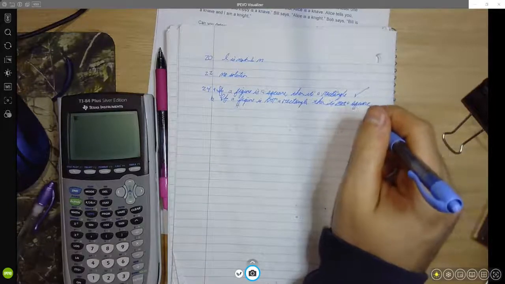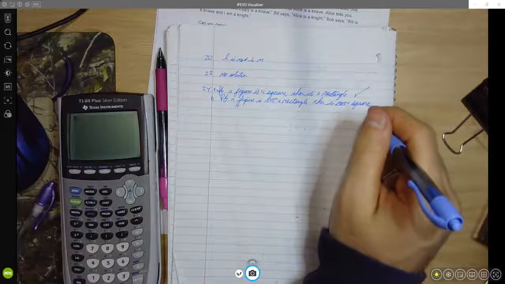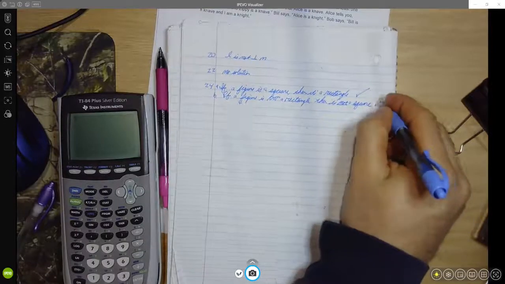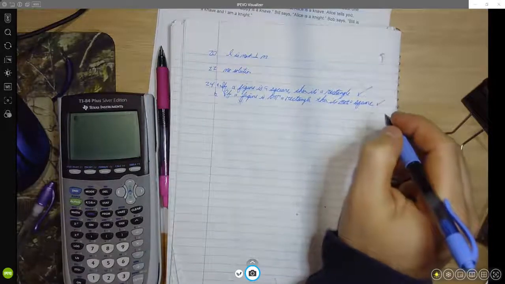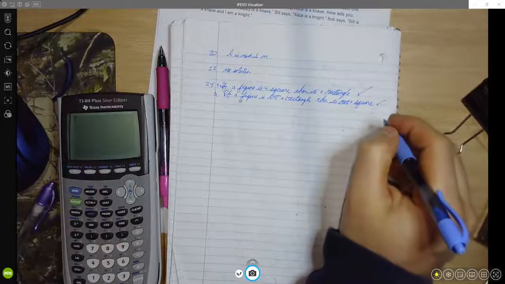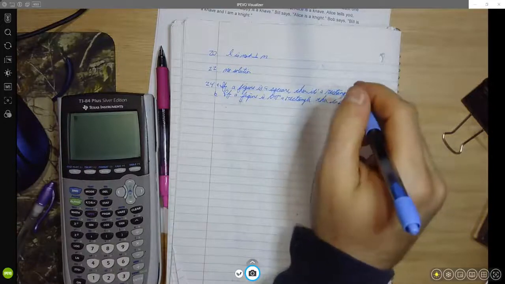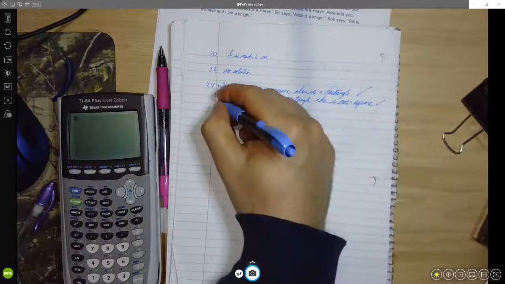So if a figure is not a rectangle, then it's not a square. And that's also true because it can't be a square if it's not a rectangle.